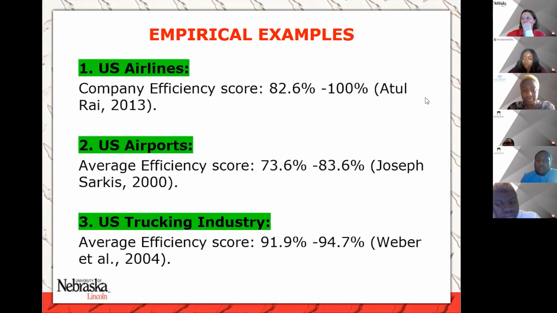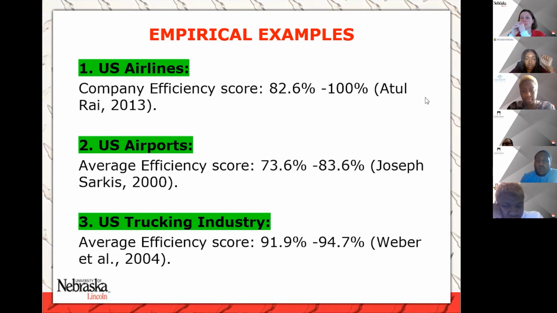So now let's look at some empirical examples. The first one has to do with US airline companies. Company efficiency scores range between 82.6% and 100%, according to the study by Atul Rai in 2013. For US airports, the average efficiency score is between 73.6% and 83.6%, according to a study by Joseph Sarkis in 2000.